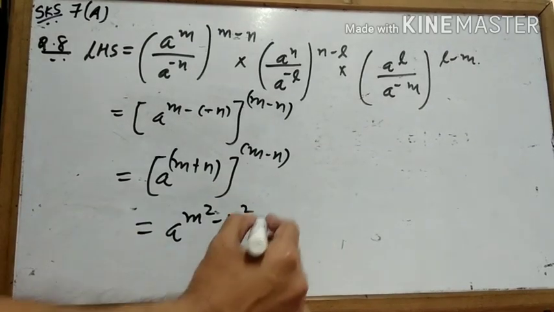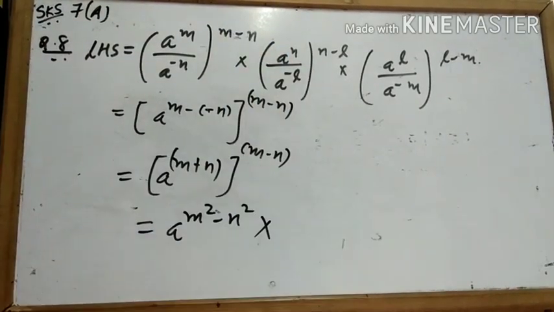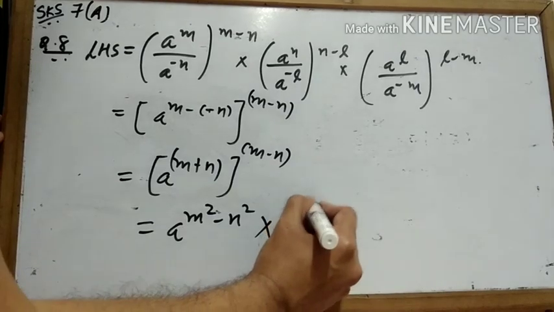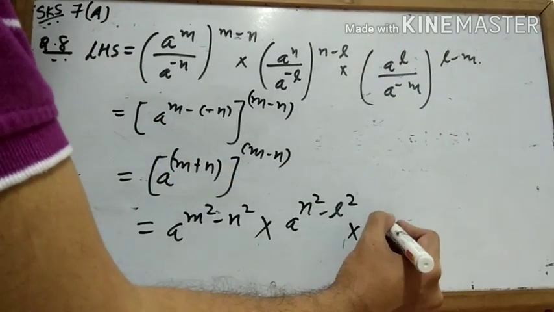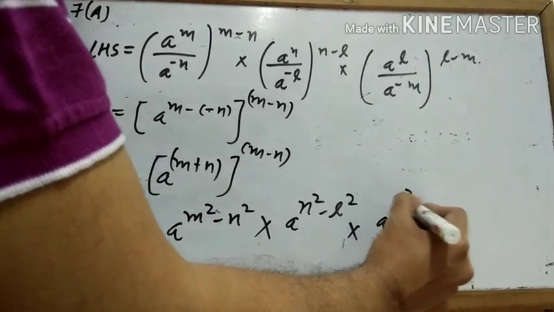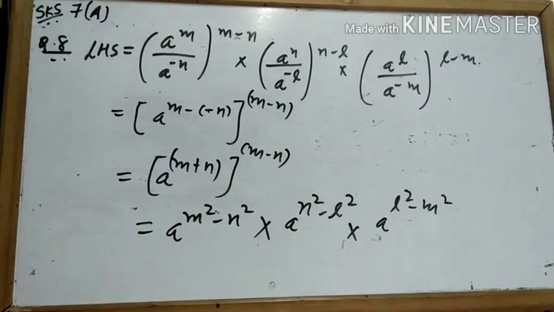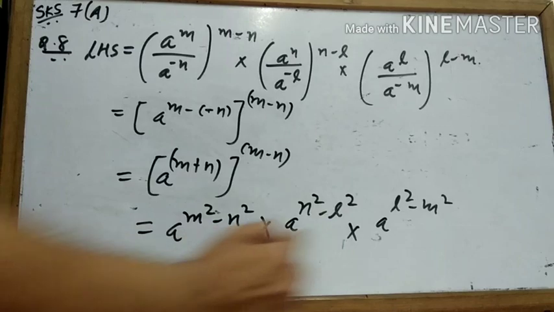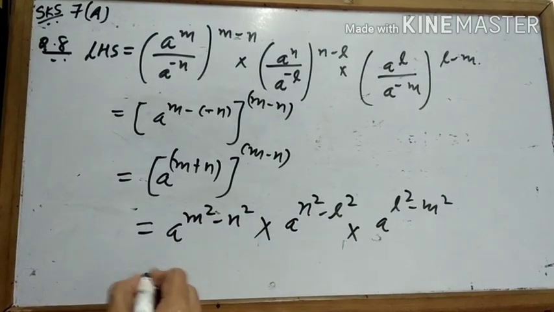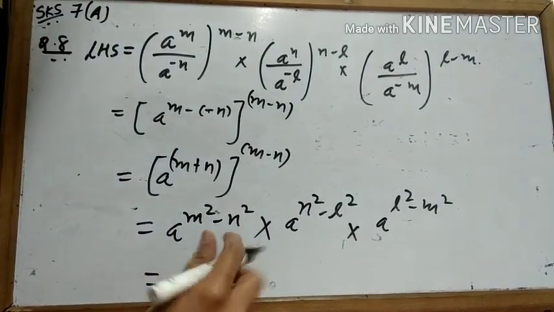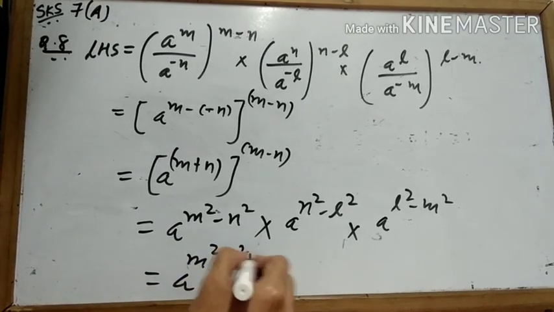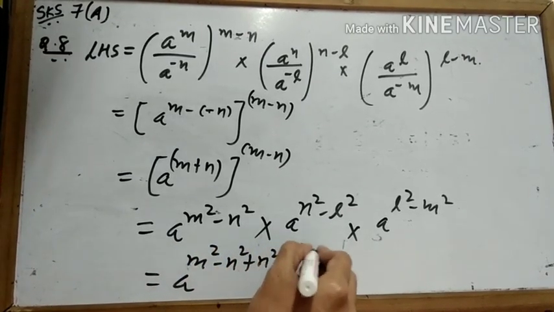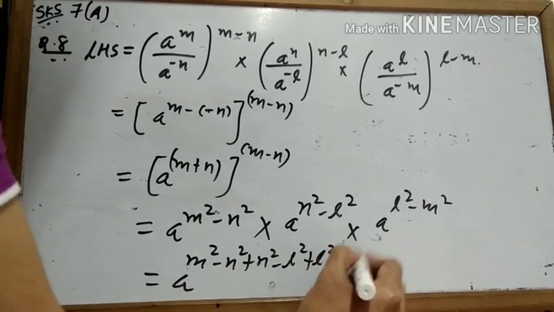My dear friends, if you simplify this particular term, then you will get a raised to n square minus l square. And if you simplify this particular thing, you will get l square minus m square. Now in this case, all the three bases are same. So I will write down a once, and all the indices will be added: m square minus n square plus n square minus l square plus l square minus m square.